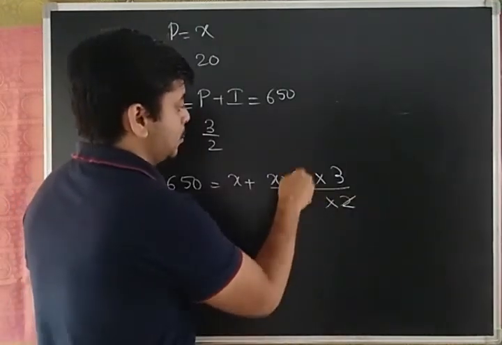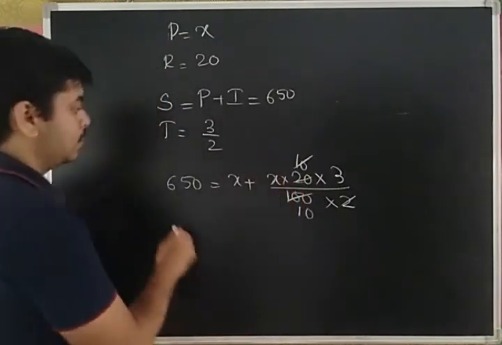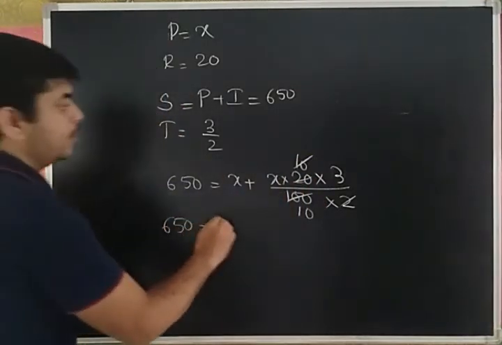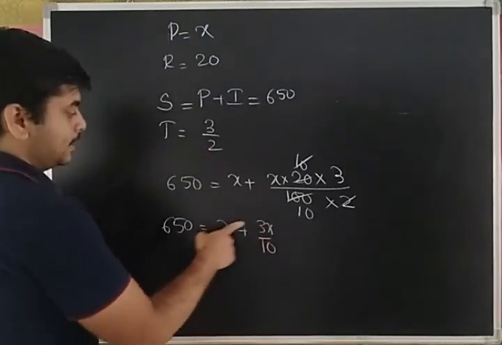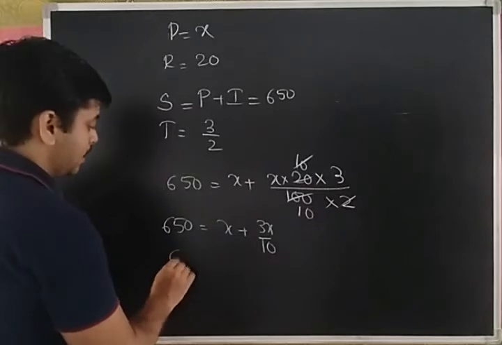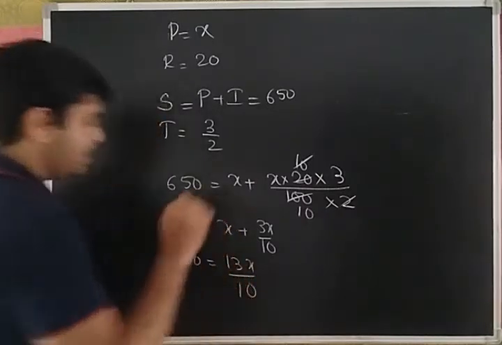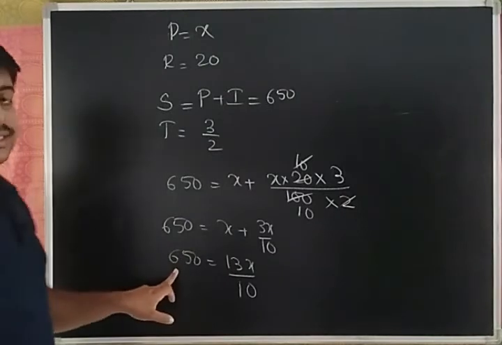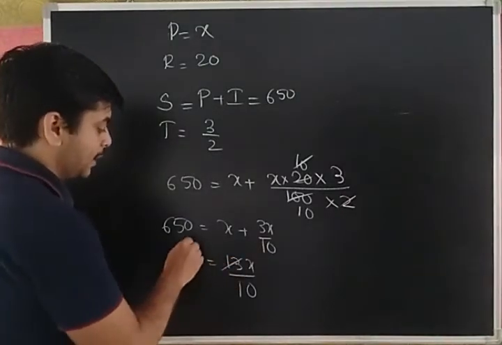This is 2 ones, 2 tens, and 10 ones, 10 tens. So 3x by 10. So 650 is equal to x plus 3x by 10. If you take LCM, 10 plus 3, 13x by 10. 650 is equal to 13x by 10. 13 fives are 65. So this is 50 times.